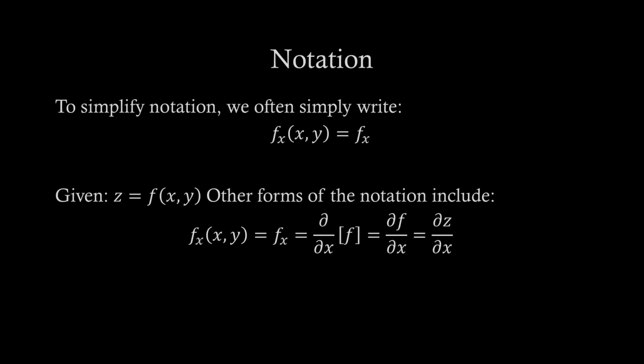So there's the, again, just partial x, there's the partial x of f, partial x, or even partial z partial x. There are even further notations as well involving a capital D, but we are not going to use that all that often, so we're not going to worry about that today.